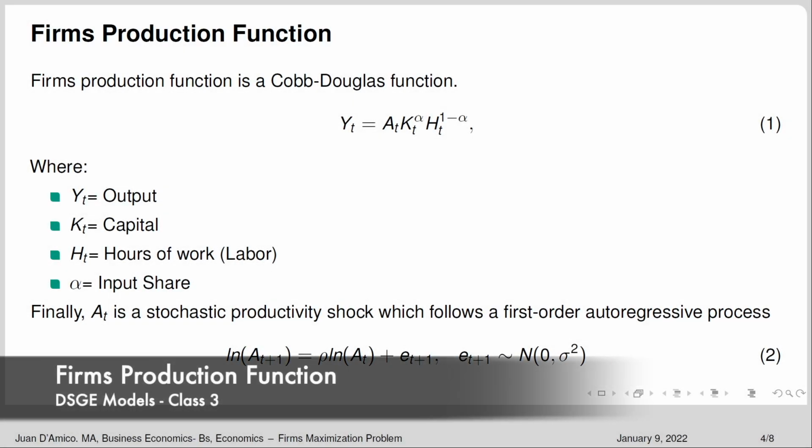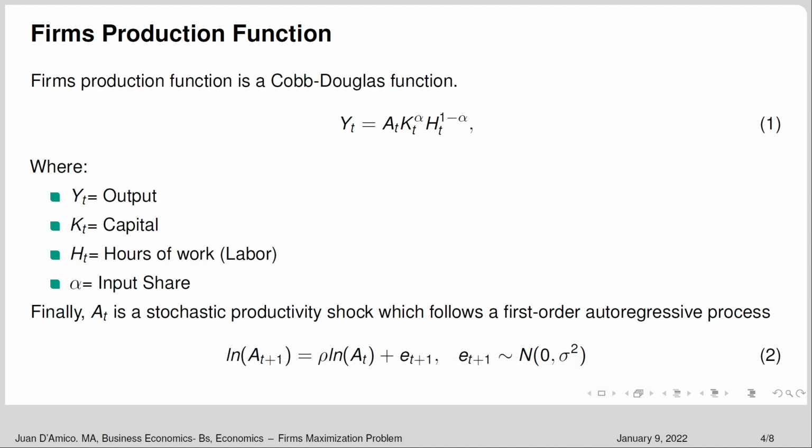Let's start by taking a look at the firm's production function. We're going to be using the normal Cobb-Douglas production function, where Y stands for the output that the firm is producing, K_t is the capital, and H_t is the hours worked. You can also assume this is labor. In some papers or other settings, instead of using an H, they use L. That's fine, it's still the same.